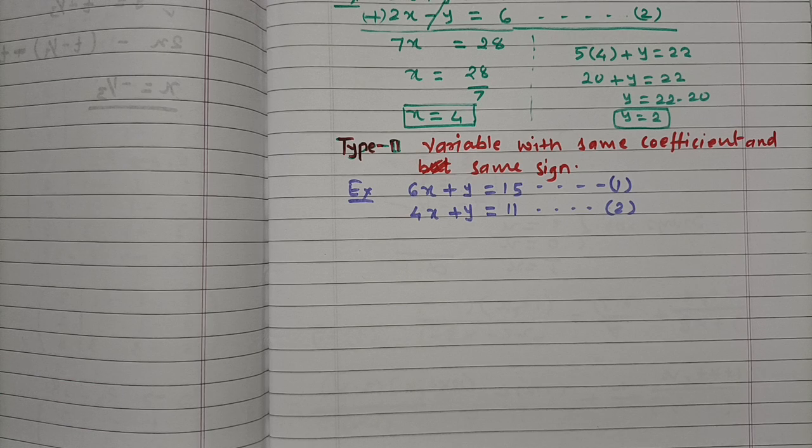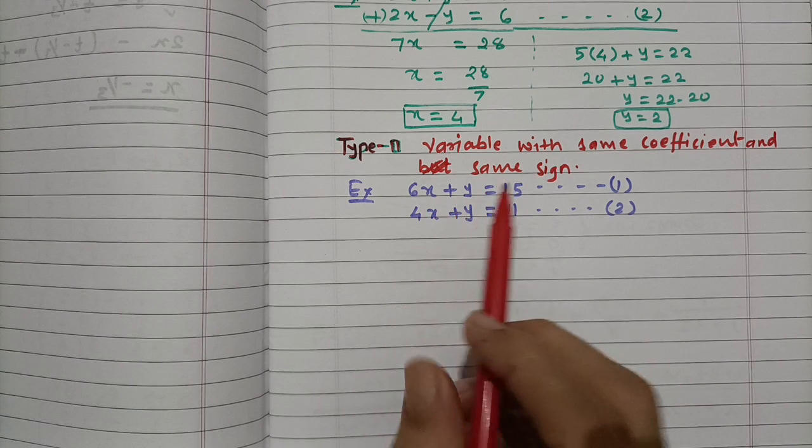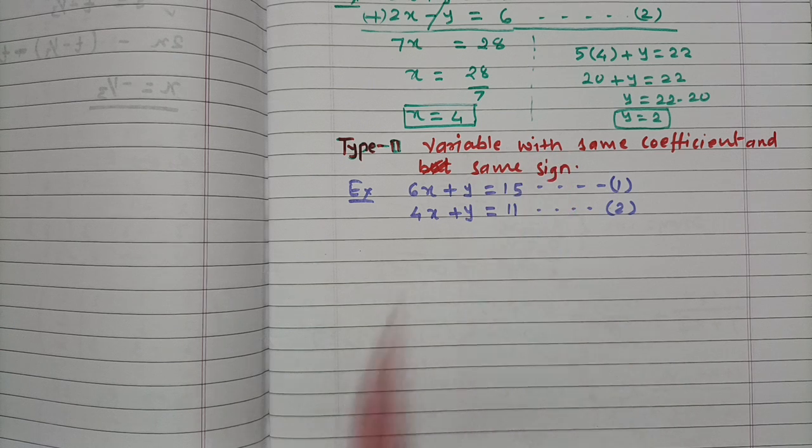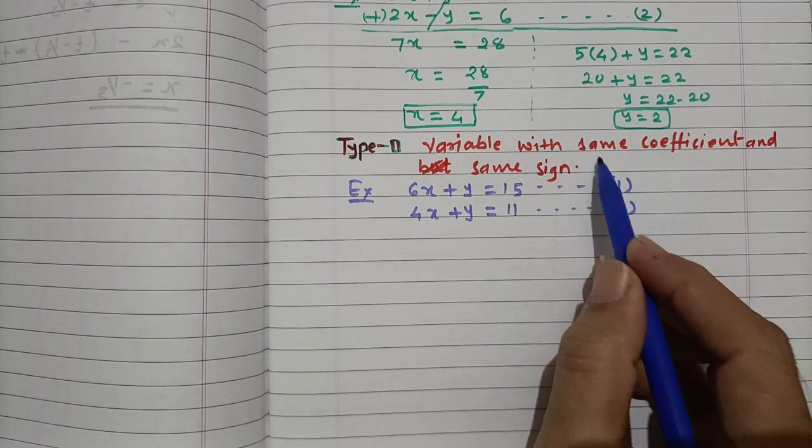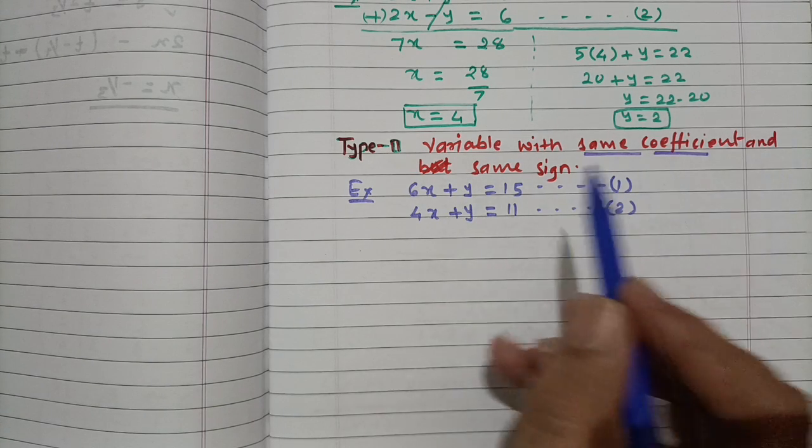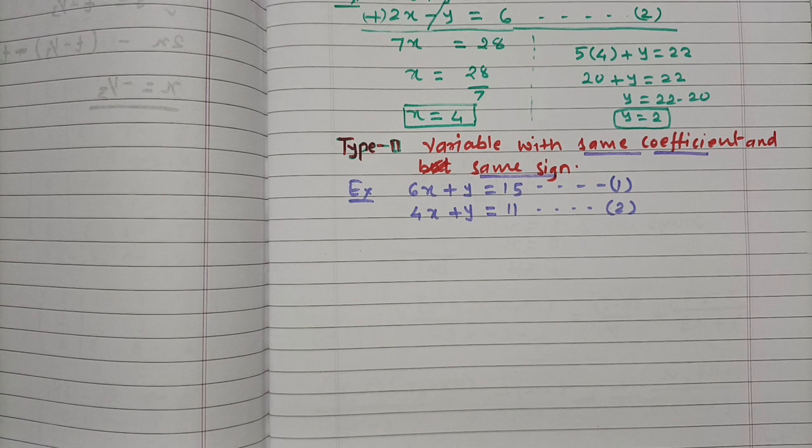Next type is when your variables have the same coefficient as well as the same sign. So in this case we need to subtract.